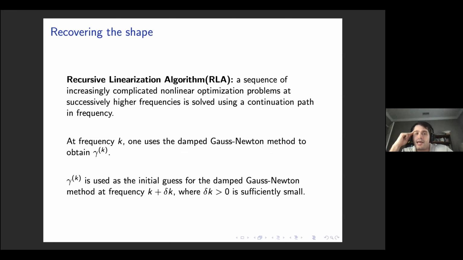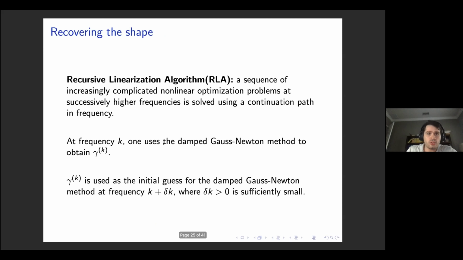The idea is that you start at the lowest frequency that you have, with a simple initial guess, get a solution, and use this solution as the initial guess of the next frequency. So if the step from one frequency to the other, from k0 to k1, is really small, you are fine. The chance that you are going to be in the local set of convexity of the functionals is going to be high, and then your method is going to converge.